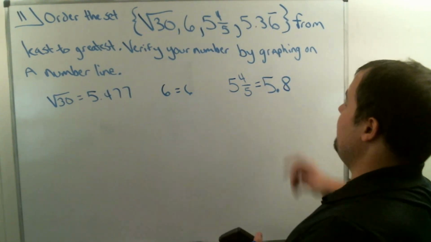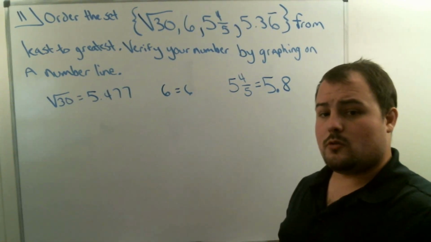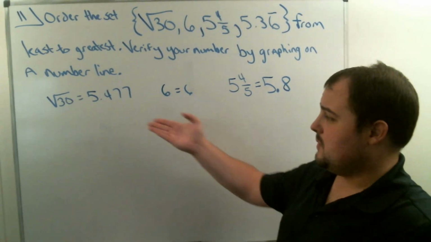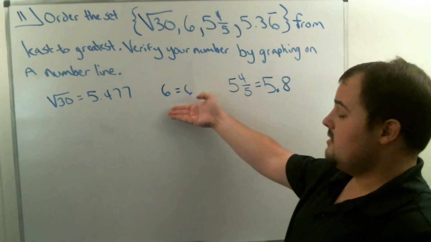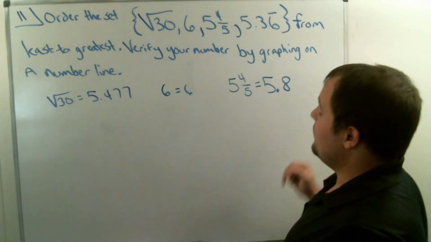So this is 5.8, and this is already written as a decimal. So what I have is I've changed them all to decimals: 5.477, 6, 5.8, and 5.36.